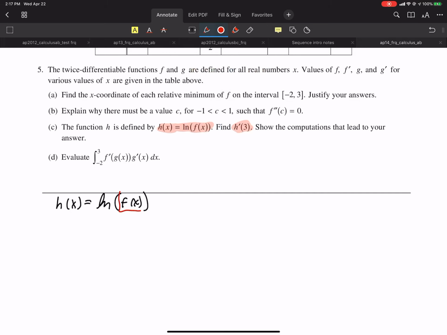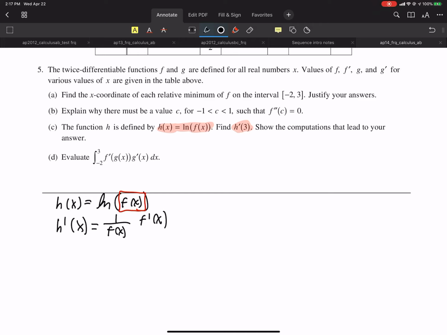It's going to be chain rule. The derivative of ln of box will be 1 over box times the derivative of box.